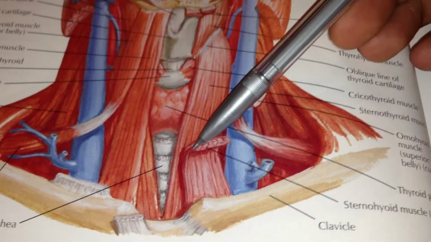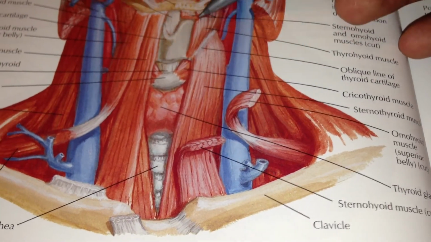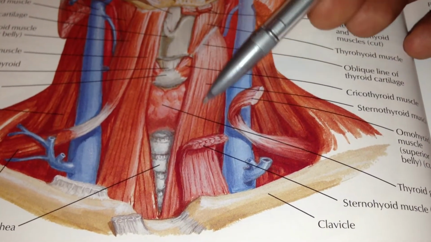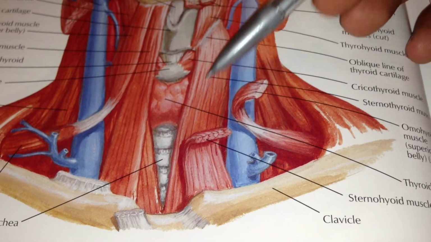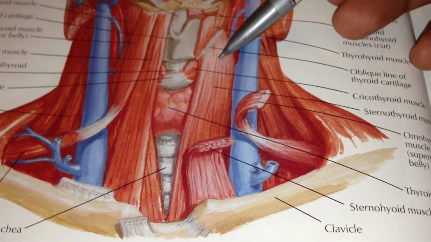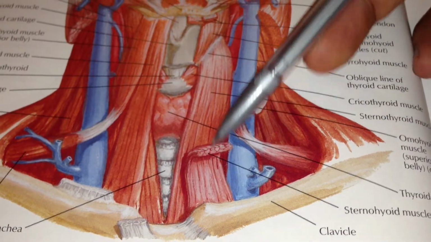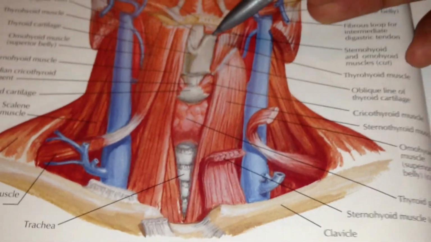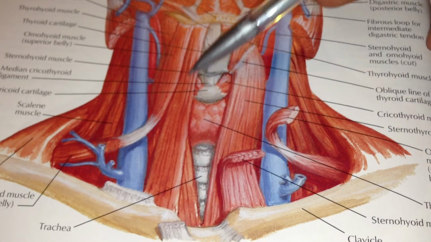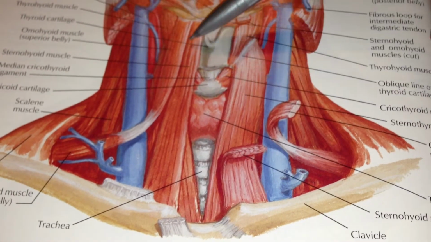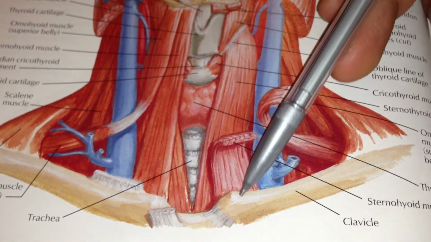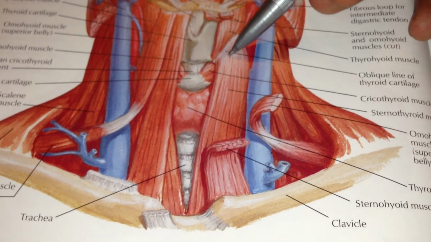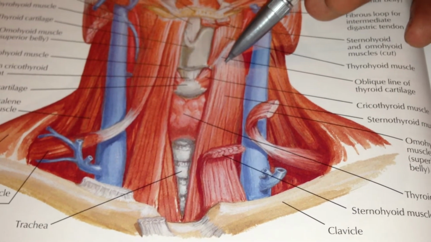Then you're going to have your sternothyroid. Okay. So most superficial, you're going to have your sternohyoid. Now, as you see right here, once you cut the sternohyoid, you're going to see your sternothyroid muscle. Okay. Sorry, correction.